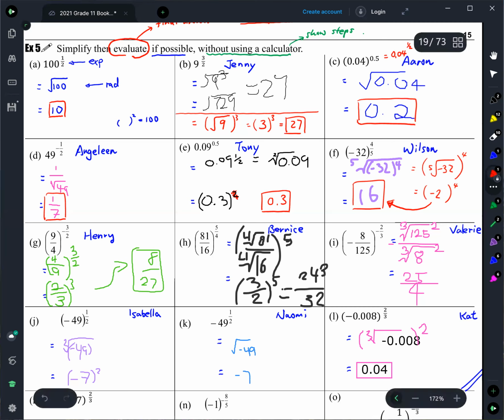Okay, question G, you have a flipping. There's a negative exponent, which makes the fraction flip. And then it looks like you apply the square root first, right? So 2/3 to the cube makes 8/27.